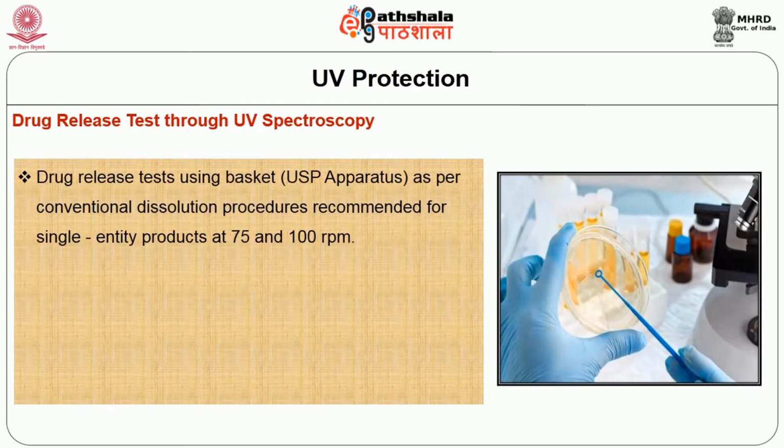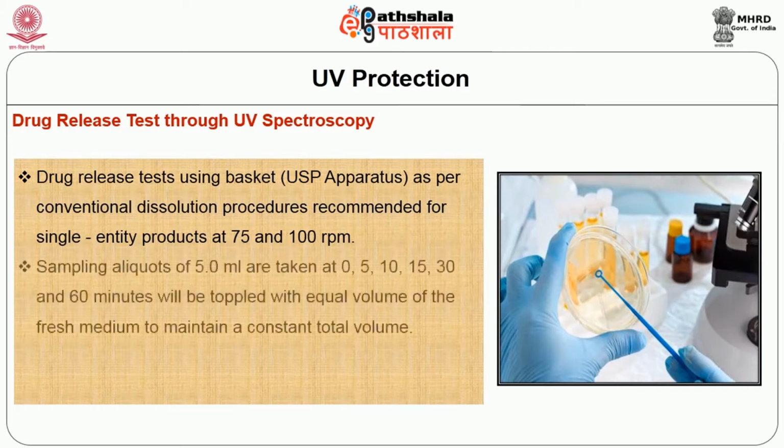Drug release test using the basket USP apparatus or the conventional dissolution procedure can be applicable for single or total products at a motor speed of 75 and 100 rpm. The sampling of liquids, totally 5 ml, can be taken at 0 to 60 minutes intervals.